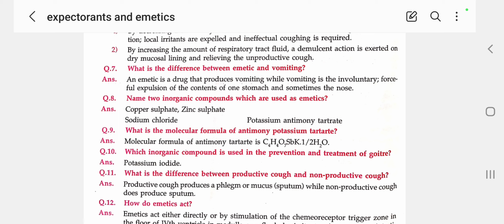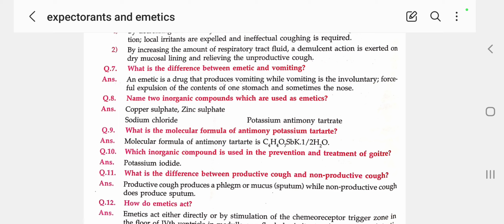An emetic induces emesis, but vomiting is the involuntary forceful expulsion of unwanted food or poison from the stomach.